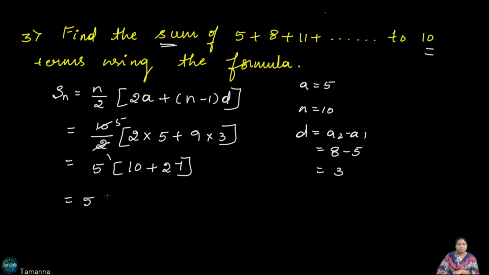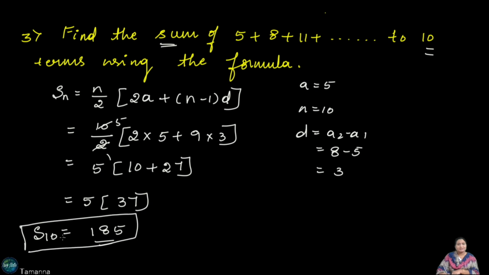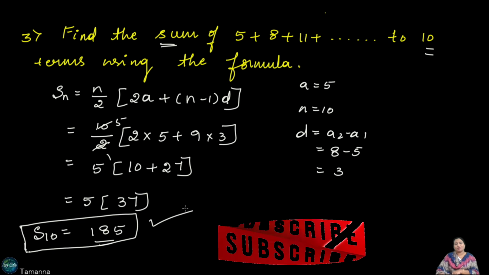So totally it is 37, 5 37s are 185. Is it right? 5 3s are 15 and 185, okay. So S10 is equal to 185. This type of direct question is given for a 2 marks question.